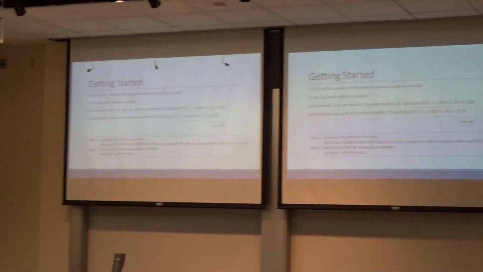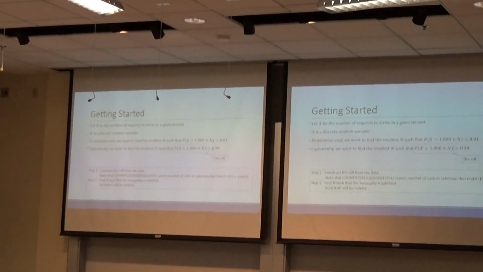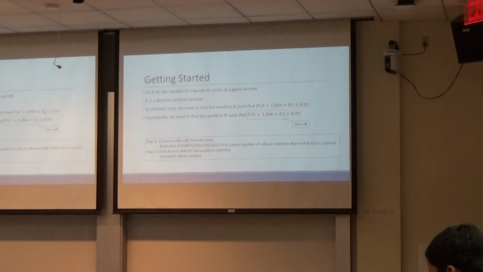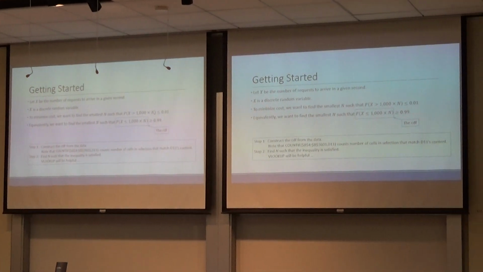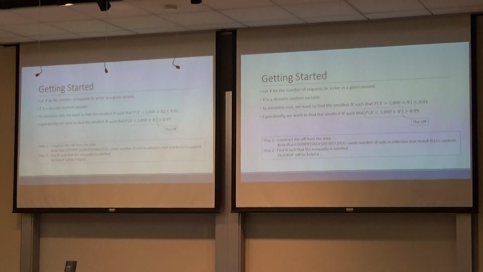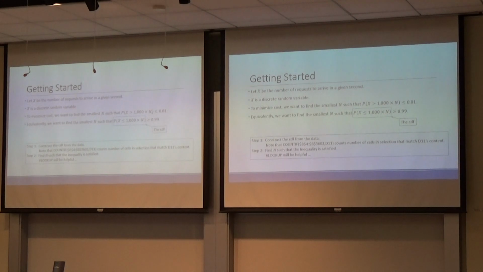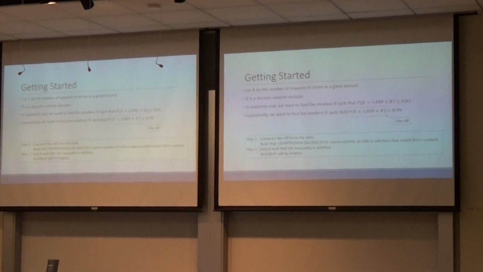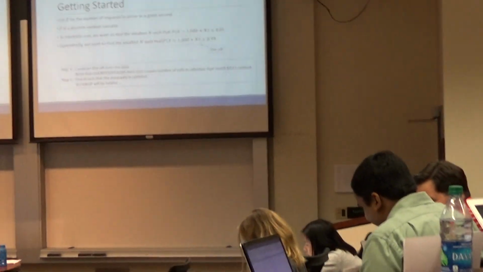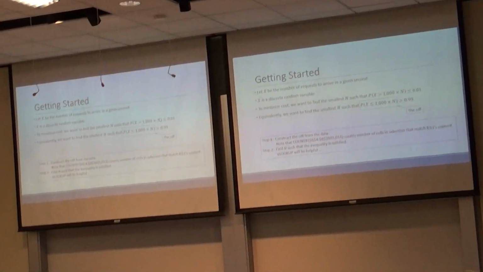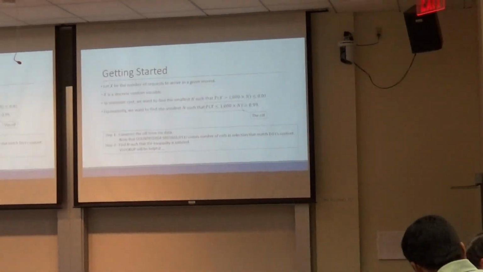Yes, P is exactly the number of times I've seen this occur, and the F is the cumulative, if you think about the histogram. So this is the number of times I've seen something less than or equal to that number occur. Yes, so it's basically summing everything less than that 1,000.